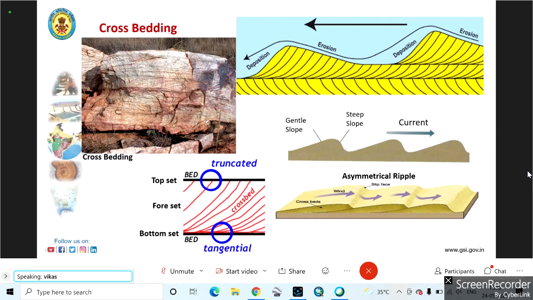So the upside direction, or the younging direction, is on the topset side, where it is cutting at a high angle. This topset bed is actually an erosional plane, after which another set of beds will be deposited. This is a very clear-cut evidence which we can use in the field to identify the younging up direction. Next, please.